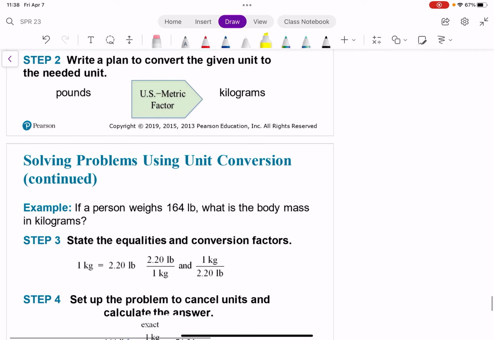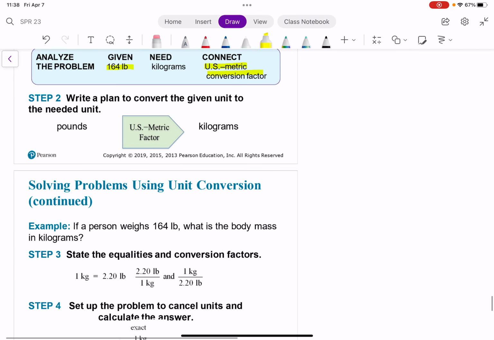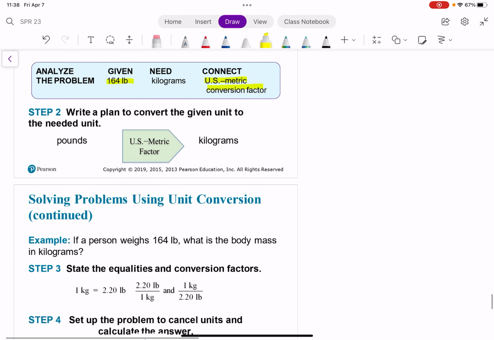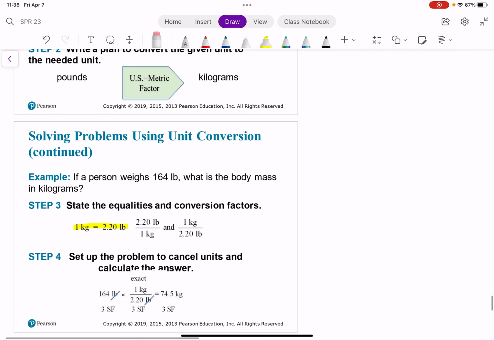Okay, so the next step is to state the equalities as conversion factors. So here's that equality, that relationship of 1 kilogram equals 2.20 pounds. So you can write it like this, or you can write it like this. Either one. And for now, write them both down until you know which one you want to actually use in your calculation.